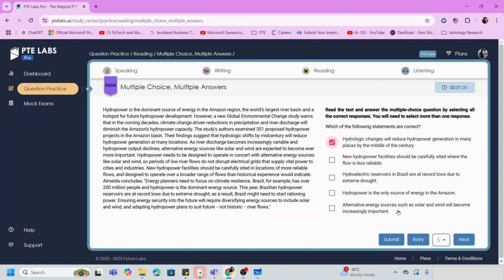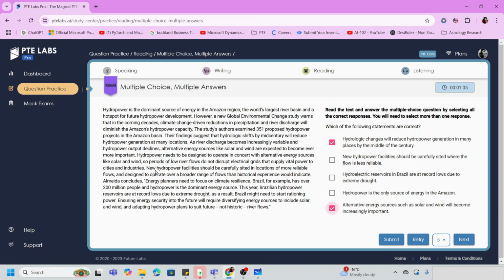Alternative. Okay, we haven't heard about solar and wind as of now. So next. As river discharge becomes variable and output declines, sources like solar and wind are expected to become ever more important. So we have heard something about solar and wind. So yes, hydropower needs to be designed to operate in concert with alternative energy sources like solar and wind, so relatively less flow does not disrupt grids that supply vital power.